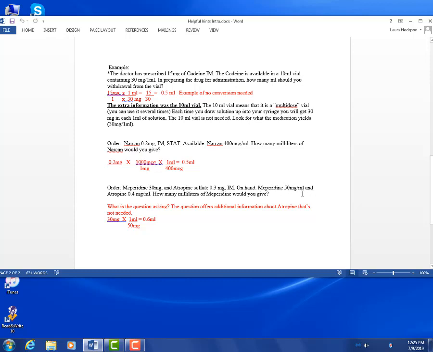When it states per milliliter, that means per one. So 50 milligrams per 1 milliliter. How many milliliters are asking this particular drug that you would give? So they're giving a lot of extra added information here, and this is all you need to pull out of that question. So a lot of extra information there.